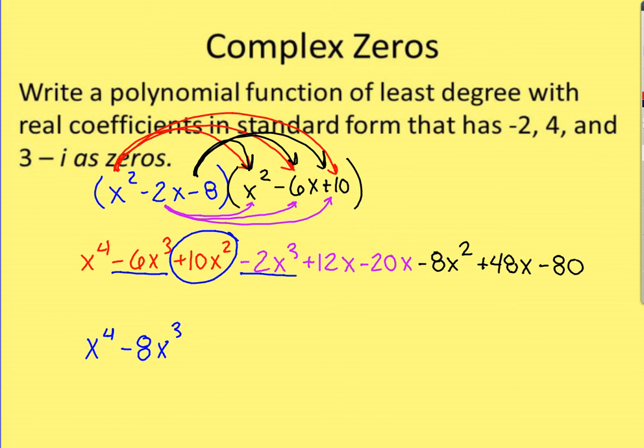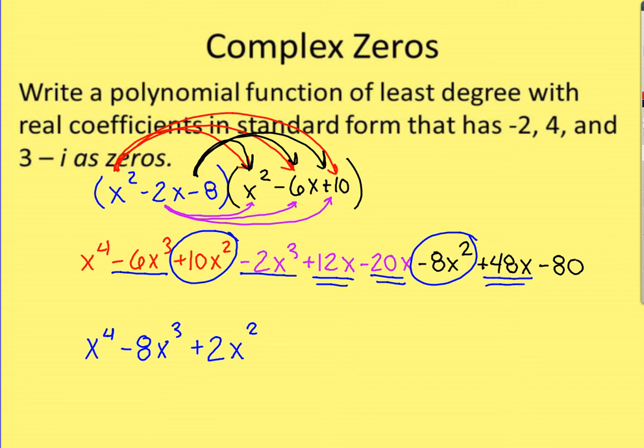We have a plus 10x squared. We have a minus 8x squared. 10 minus 8 is going to give us a positive 2x squared. We have a 12x squared and a negative 20x. And then we have a positive 48x.